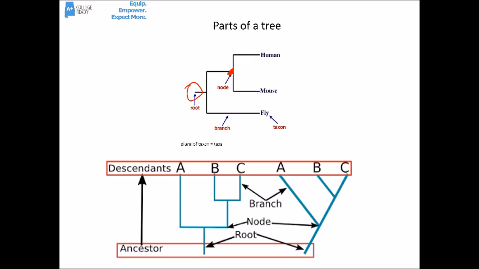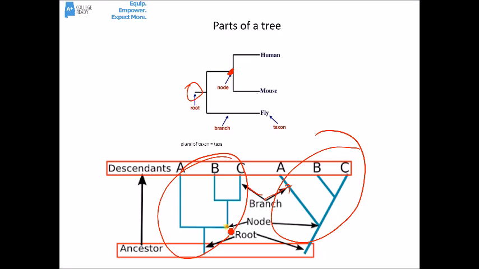Nodes are points where speciation happens. And again, we can hear them referred to as branches. We can see them drawn in this pattern or this more tree-like pattern. But wherever we go, there are nodes. And remember, nodes indicate the presence of a common ancestor.